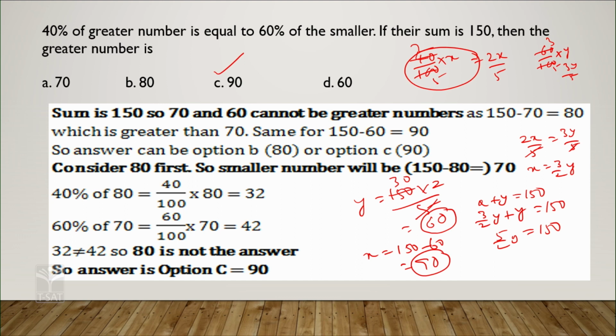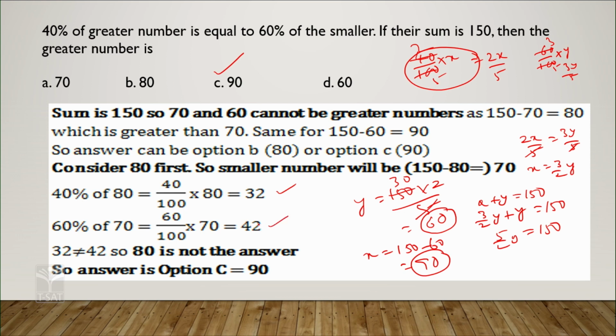Now, we will take 80 first. Clear? See, which is greater, 90. So, we will take the first one as 80, the greater number. We can calculate 40% of 80, which means 32, and 60% of the smaller number, which should be 70, is 42.